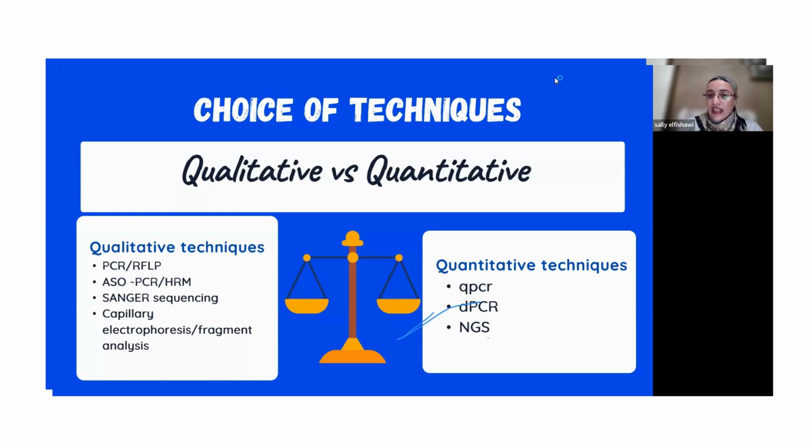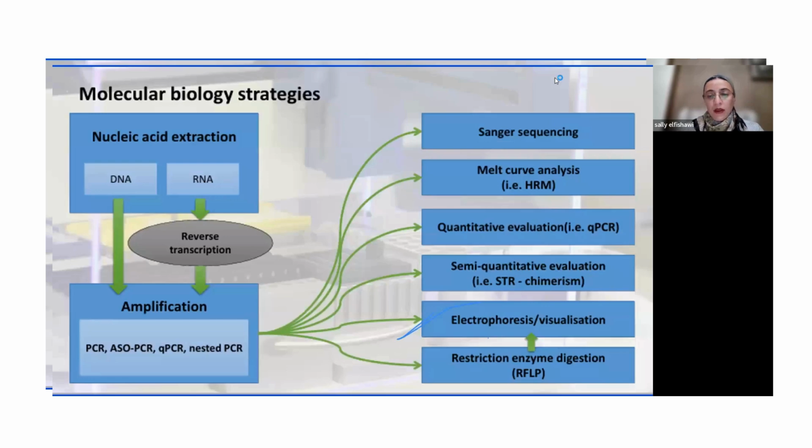Versus the quantitative techniques that give us amount. Whenever there is an amount, then there is follow-up, there is decrease and increase, and there is measurement of measurable residual disease. Then the techniques at hand are the quantitative PCR, the digital PCR, and the next generation sequencing.